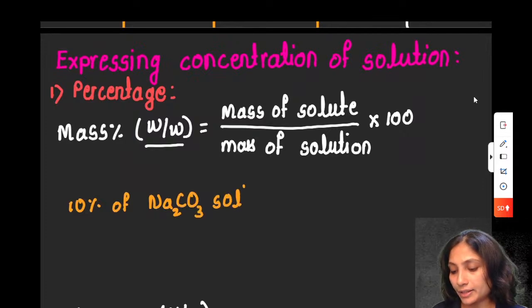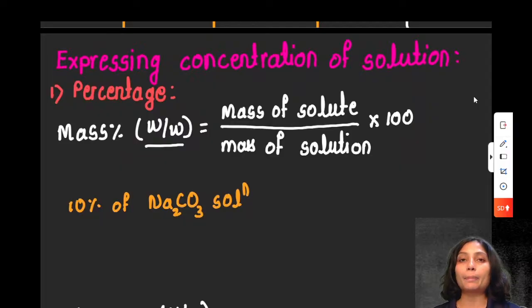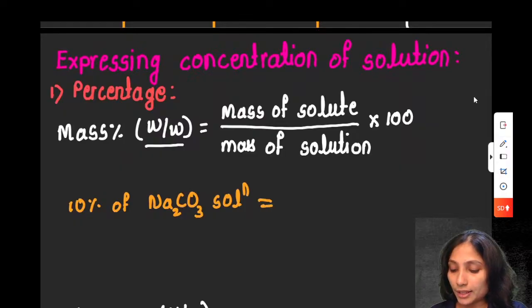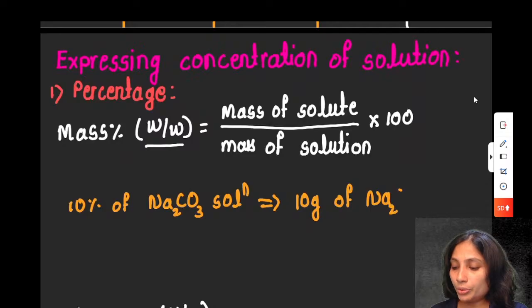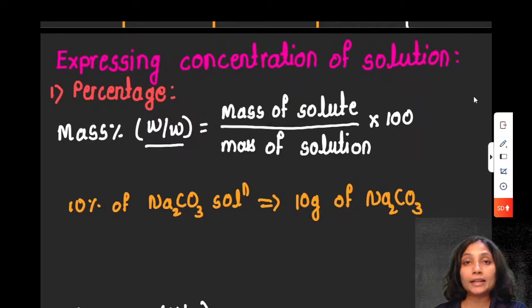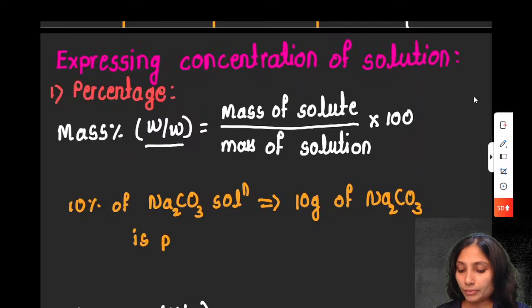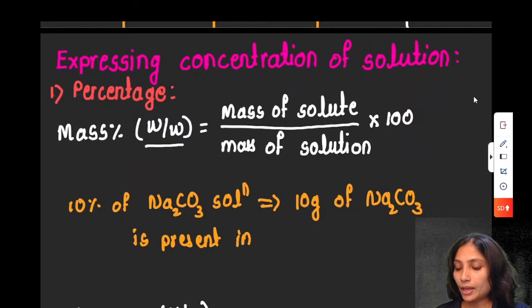How can I solve this one? What I get from this is 10 gram of Na2CO3, that is 10 gram of solute is present in 100 gram solution.